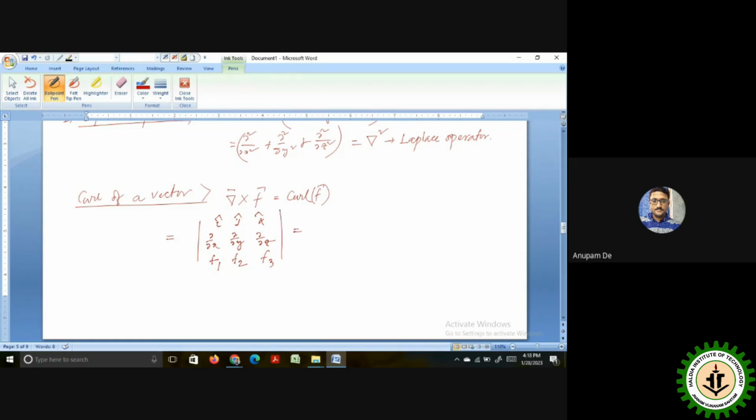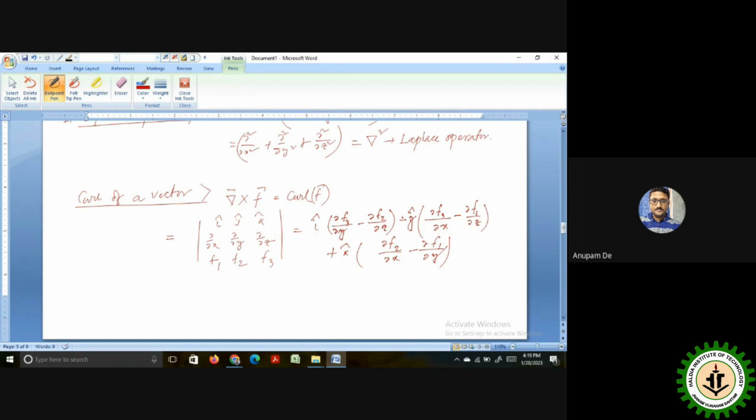If you expand it, you get i into (del f3 by del y minus del f2 by del z) plus j into (del f3 by del x minus del f1 by del z) plus k into (del f2 by del x minus del f1 by del y).